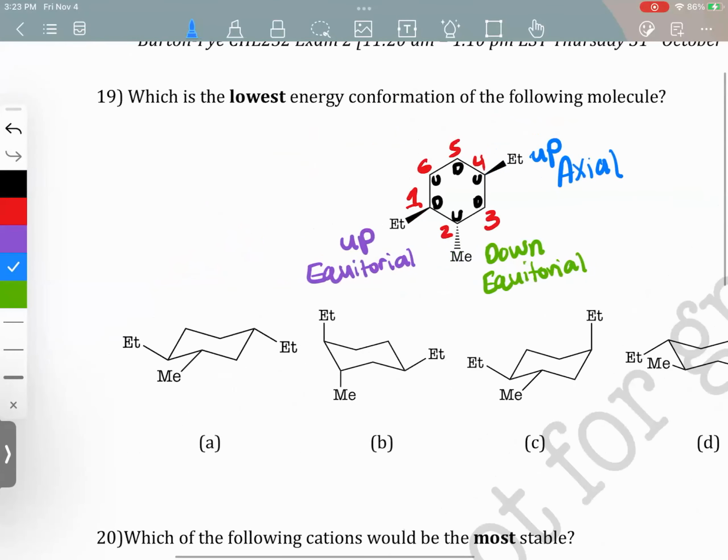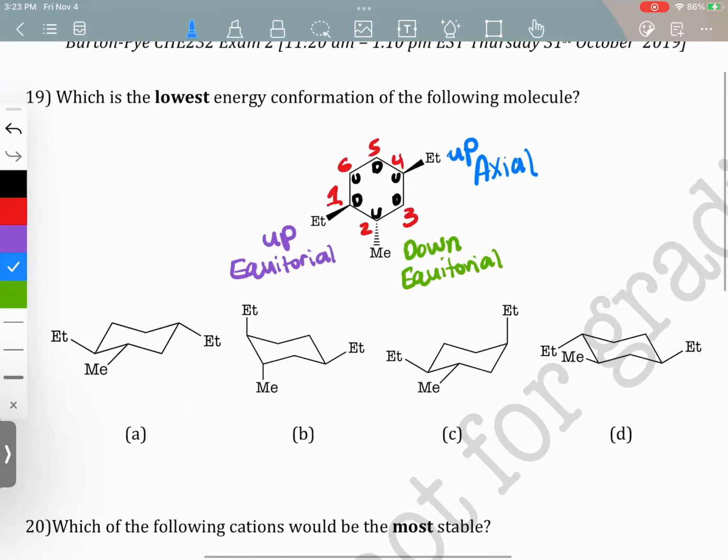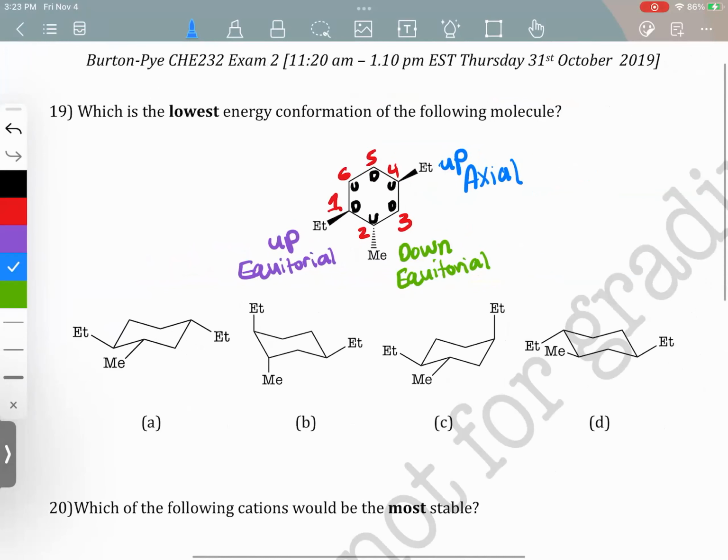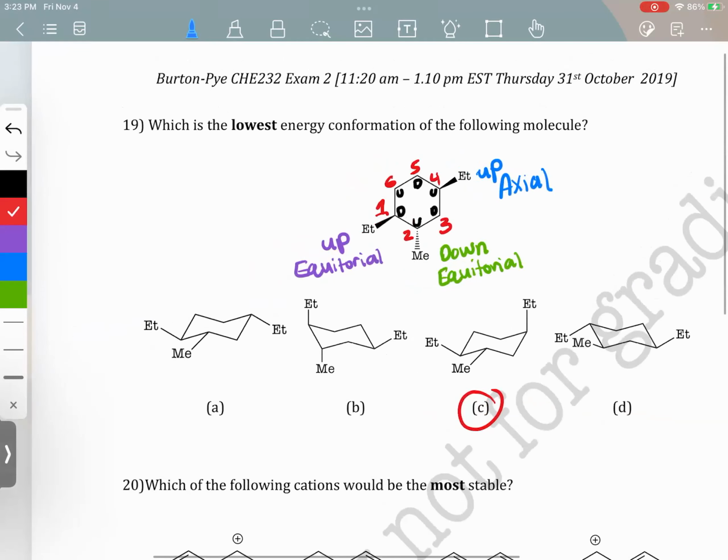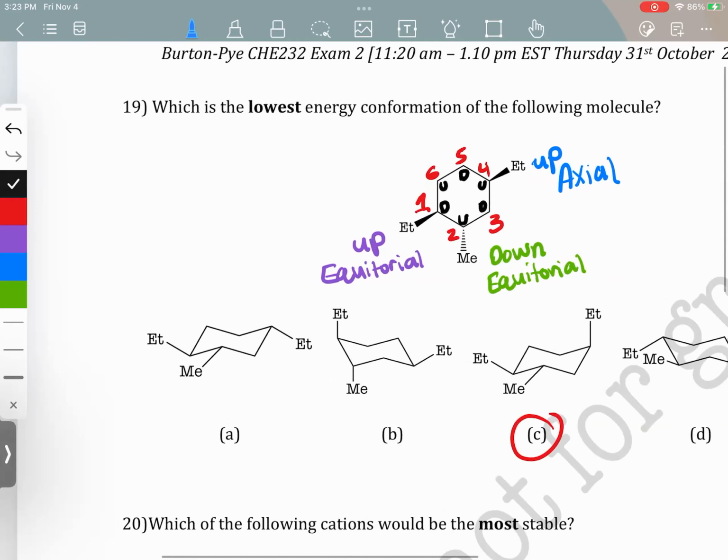So the lowest energy chair conformation has an up equatorial ethyl, a down equatorial methyl, and an up axial ethyl. Which of these answer choices best matches that? C. Now, the reason I said number your carbons first is because let's say we did it the other way, right?